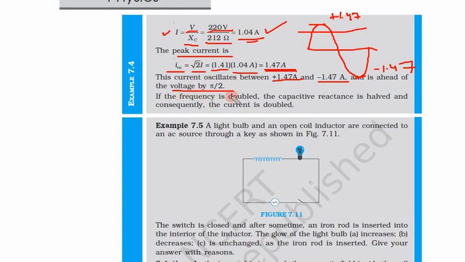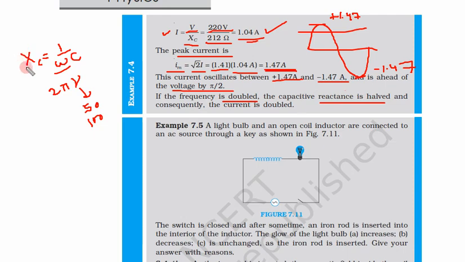Now what will happen if we double the frequency? This was the formula, Xc is equal to 1 by omega C. Previously this was 2 pi nu and nu was 50. Now we are doubling this to 100. So when frequency is doubled, capacitive reactance is halved.